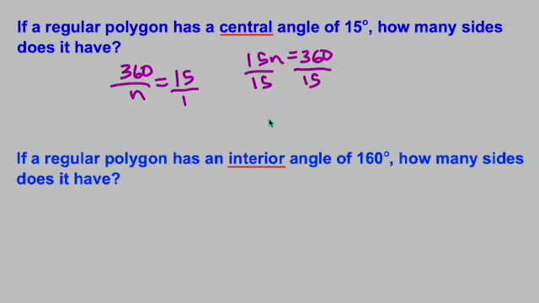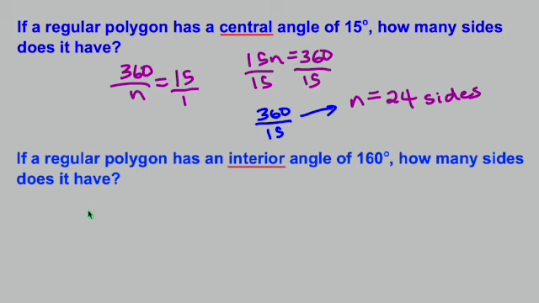And the answer here is 24. So n is 24 sides right there. And really all you needed to do at the very beginning, just to show you this, you could have just taken 360 and divided by that exterior angle, and that would have gotten you the same answer too. But that's kind of the long way of showing the work.